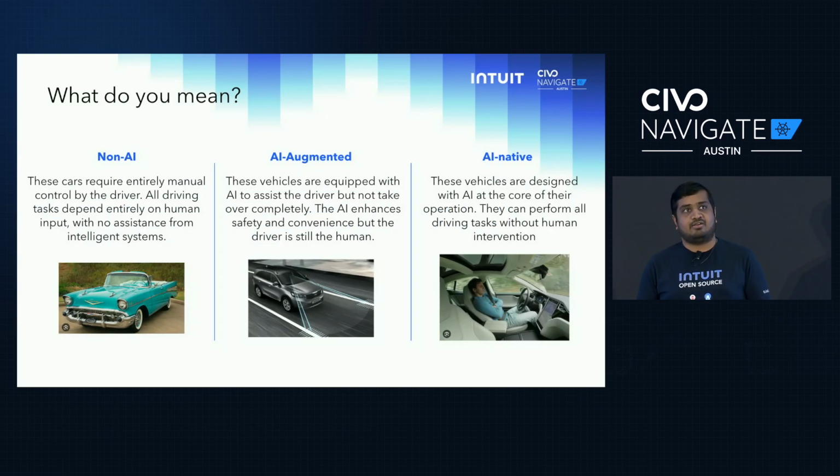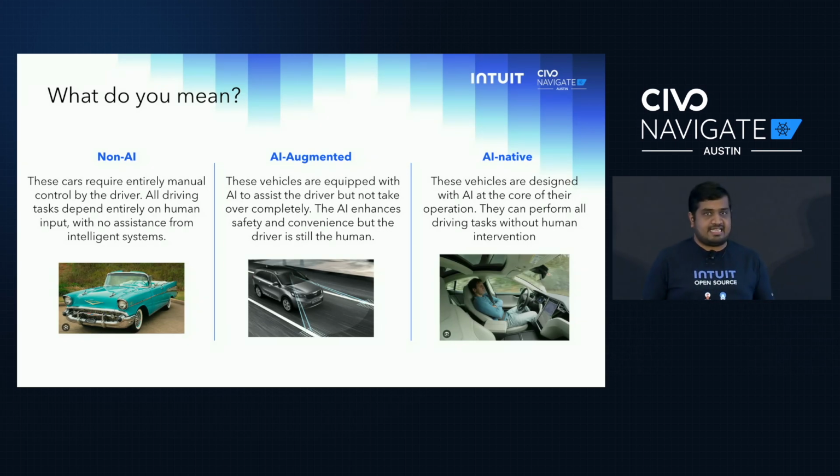If you're wondering what that means, I try to put it in the perspective of cars. Back in the day, we had the old manual cars, like our non-AI cars. You have to do everything yourself: steering wheel, flip the gears, hit the accelerator pedal.